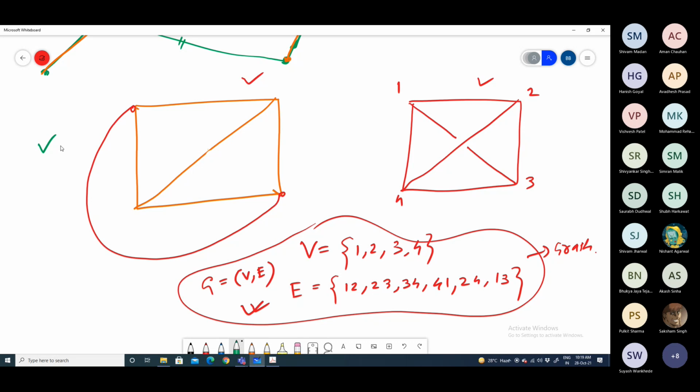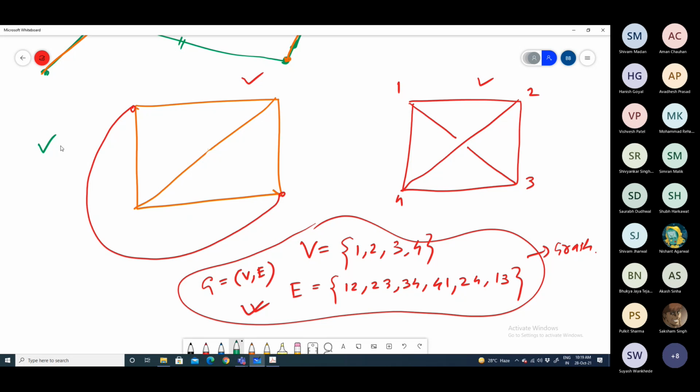Yes, how many faces are there? 1, 2, 3, 4, 5, 6. Faces means just the region bounded by the edges. Or if you remove the graph from the plane, then you have some connected components in the plane, and those components are called faces.